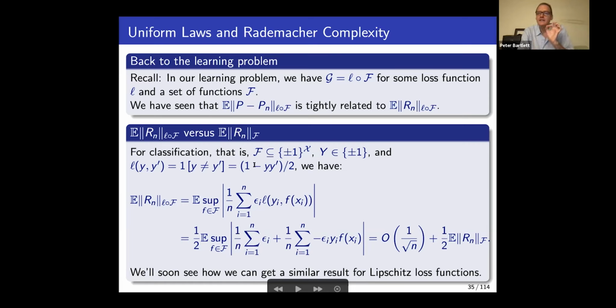We can write that in this sort of linear way, bilinear way, I guess, as 1 minus the product of Y and Y prime, divided by 2, right? Since these are plus or minus 1, you can do a case-by-case thing. If they're the same, this thing is 1 and our loss is 0.